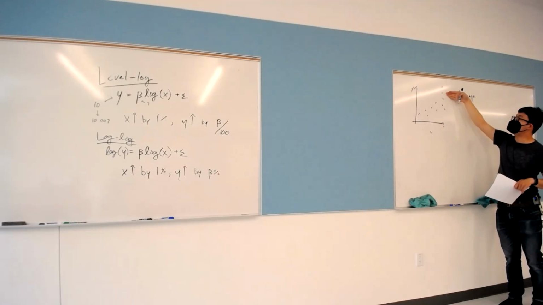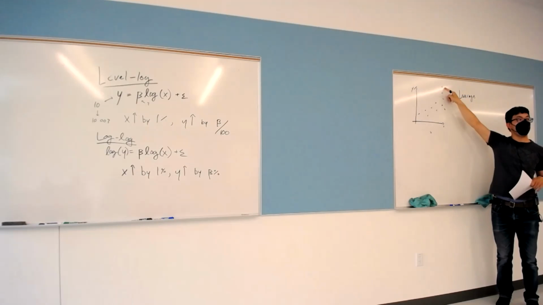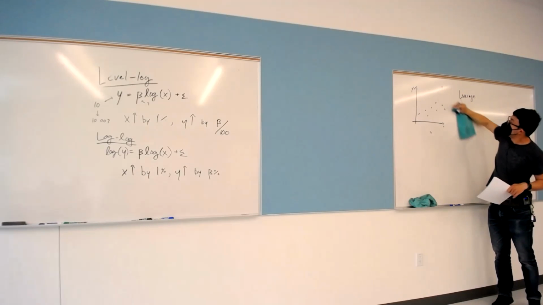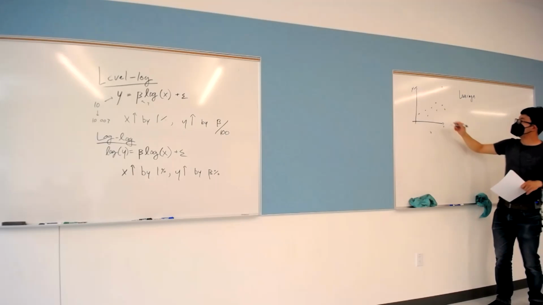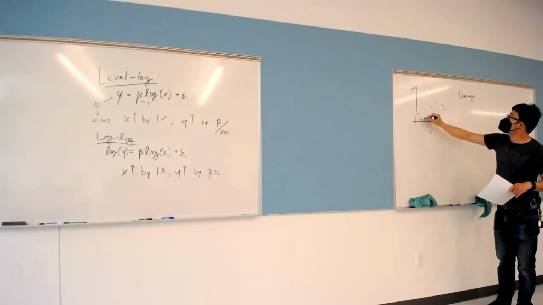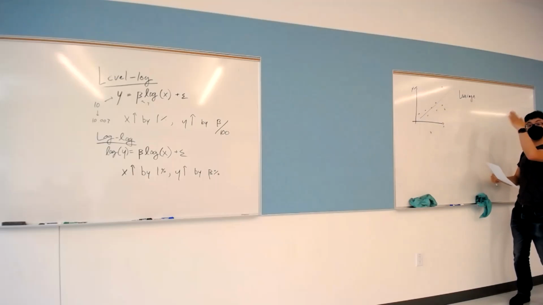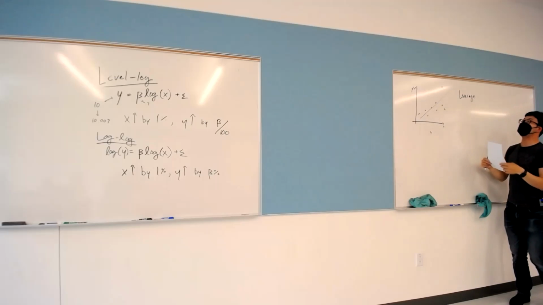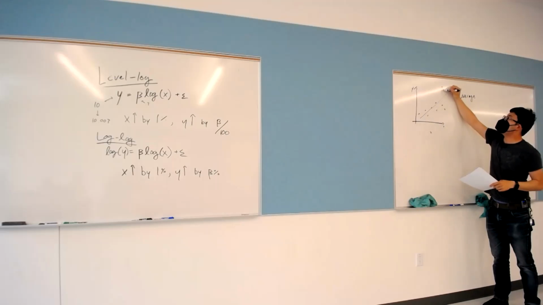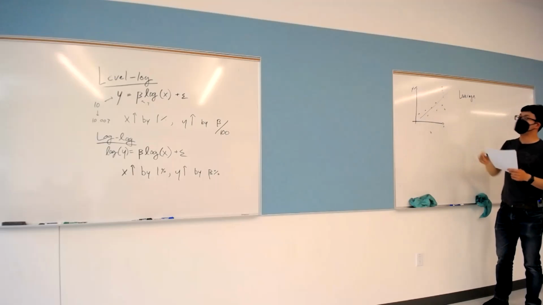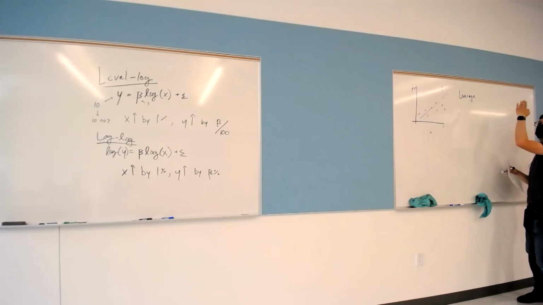So the whole idea is, okay, I have this point, and if I ran a regression, that point is going to pull the line up. And if you lowered that point and continued to lower it, that's going to influence my line down a little bit more and more.